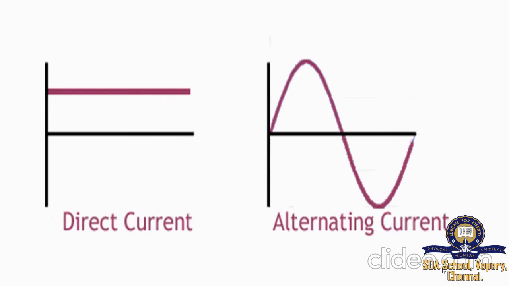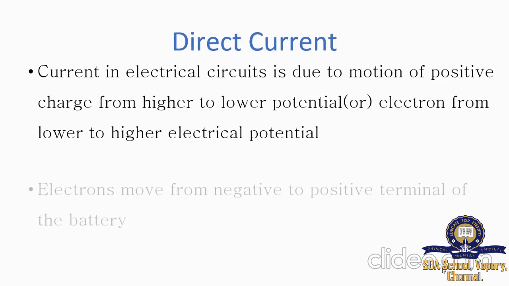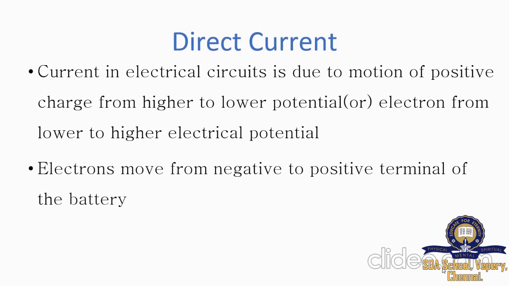So first we are going to see direct current. We know current in an electrical circuit is due to the motion of positive charge from higher potential to lower potential or electron from lower to higher electric potential. Electrons move from negative to positive terminal of the battery.